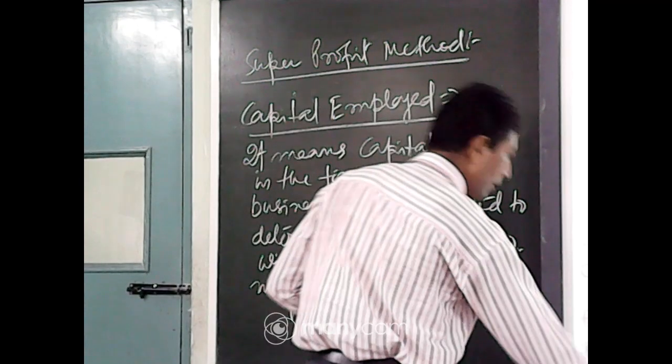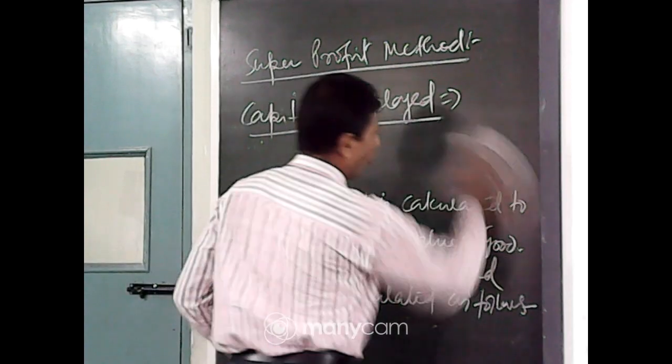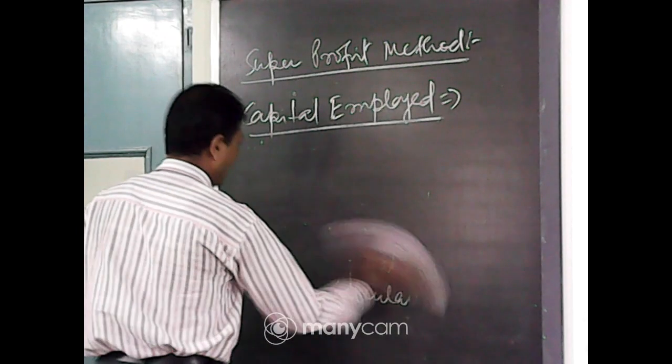It is calculated in two ways: one is the liability approach and the other is the asset approach.